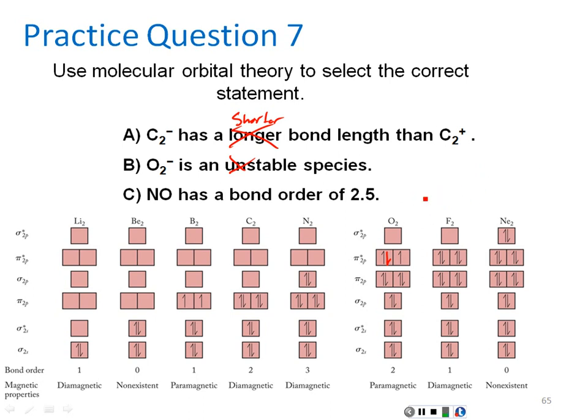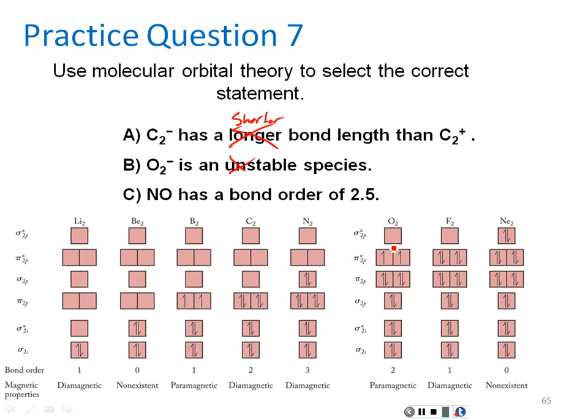Finally, process of elimination would say that the last statement is correct. But let's look at it. NO has a bond order of 2.5. And so this is a little bit trickier to answer, right?